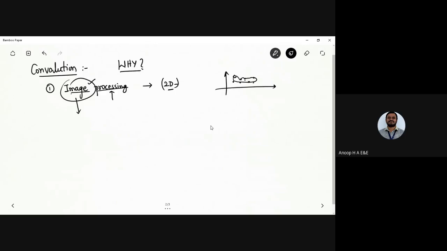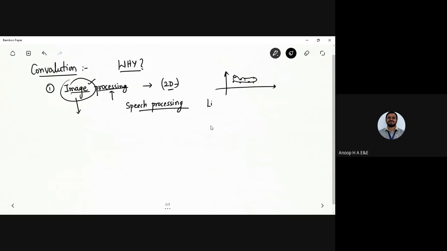Okay, so when I'm talking about image processing, or speech processing, or language processing, in any such processing system you will have two signals present, right?